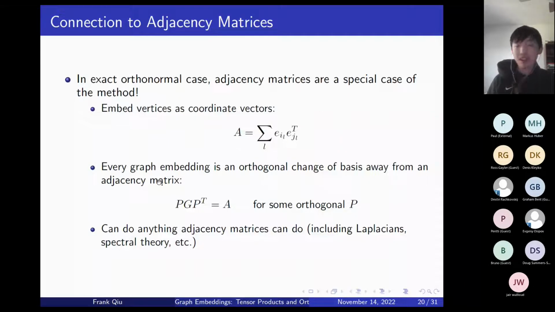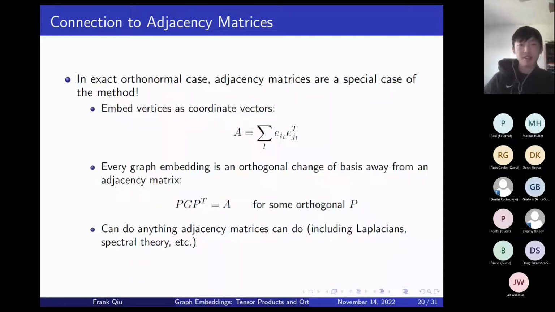And in fact, again, assuming exact orthonormal vertex codes, every graph embedding is an orthogonal change of basis away from some adjacency matrices. And this immediately tells us that our graph embeddings can do anything that adjacency matrices can do, including graph Laplacians. The spectrum is preserved under these change of bases.